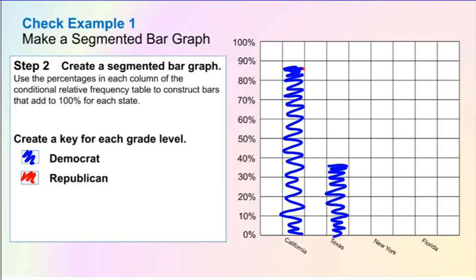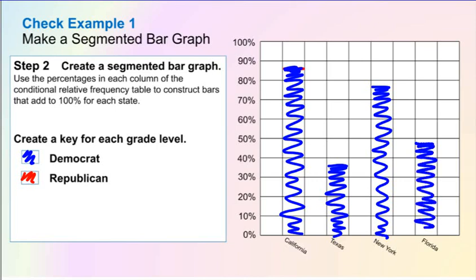New York was 77.8. And Florida, we had 48.2. That means the rest would be red.